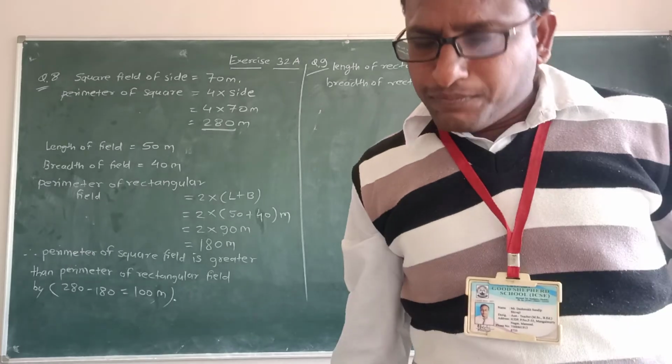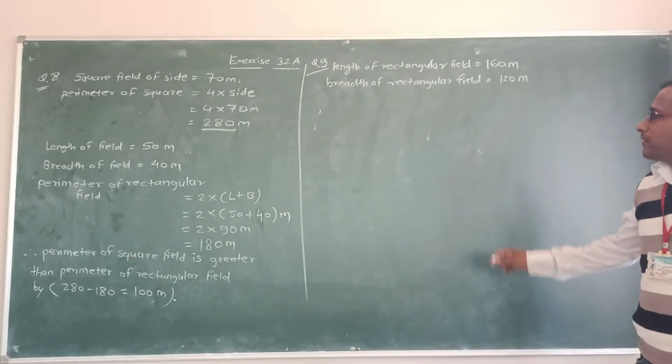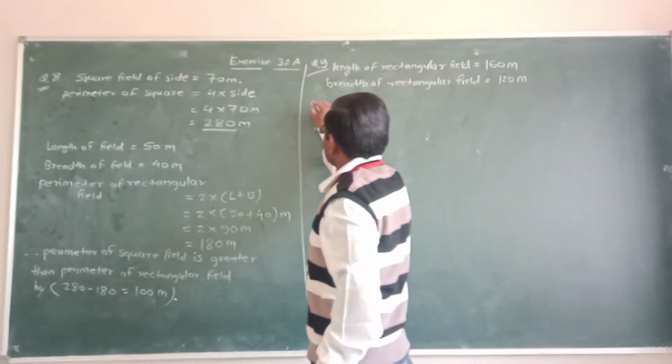And then you find the perimeter of the rectangle.